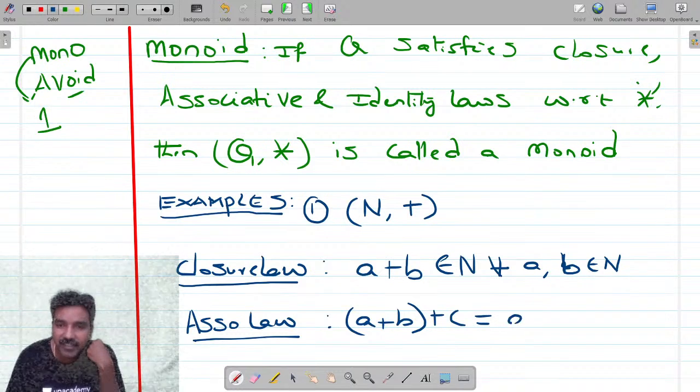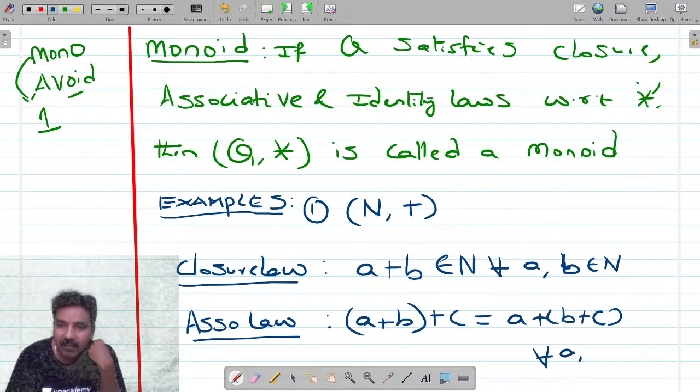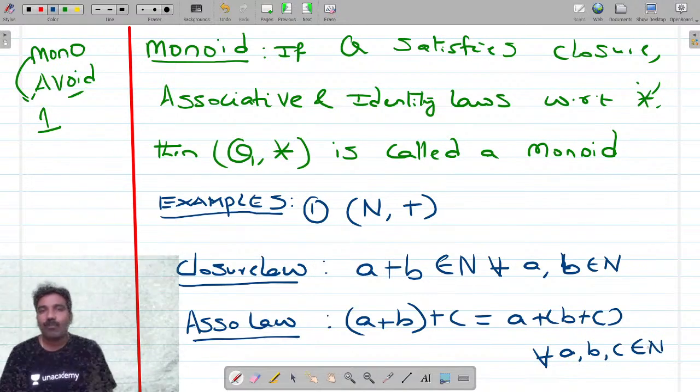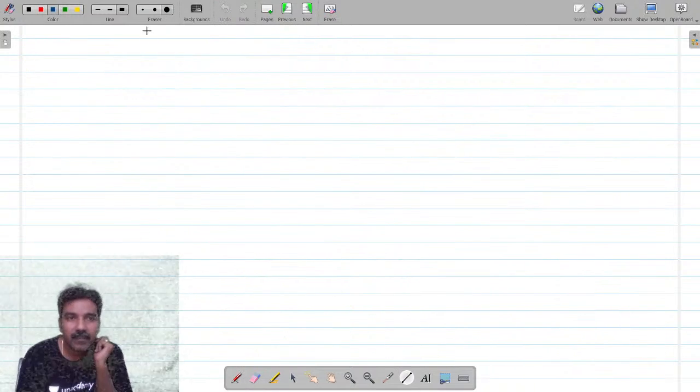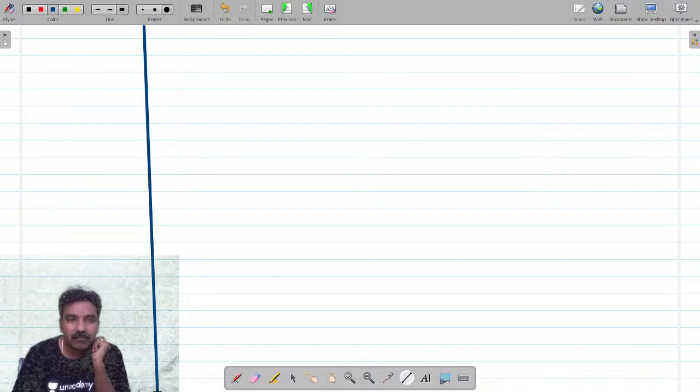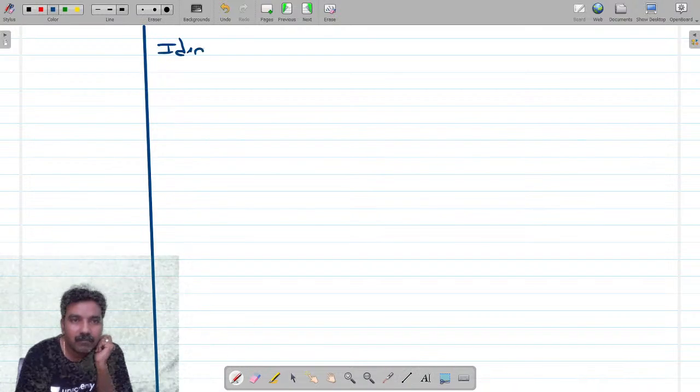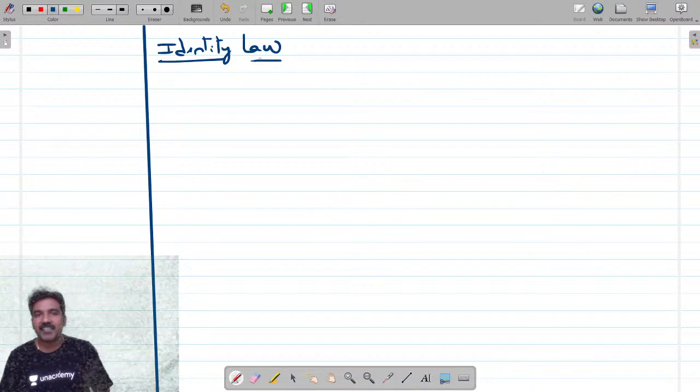A plus b plus c is same as a plus b plus c for all a comma b comma c belong to n. This is clear. What about existence of identity?